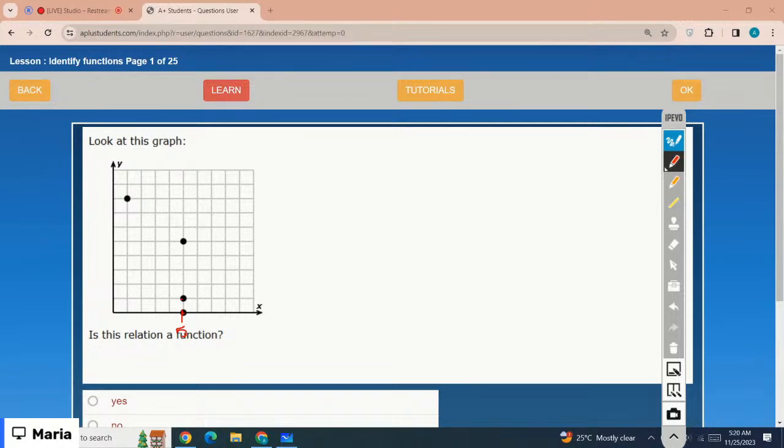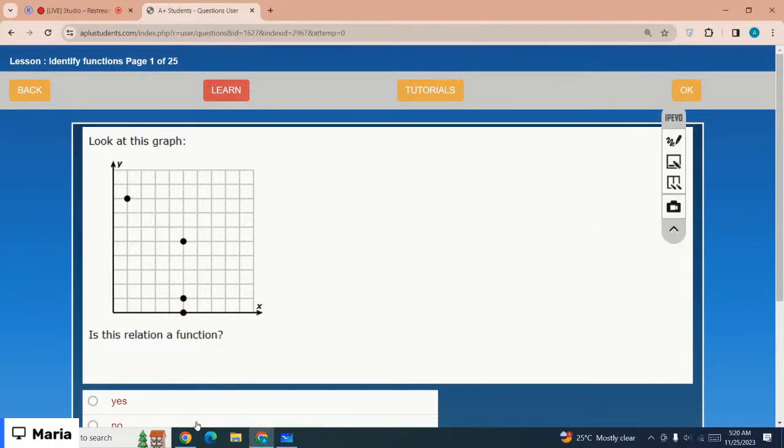So this isn't a function. For each value of x, there must be only one value of y, right? So the correct option is no. For each x value, there must be only one y value. So the correct option is no, this is not a function.